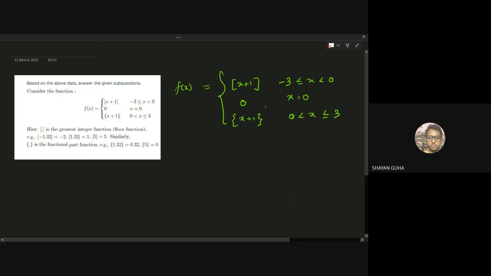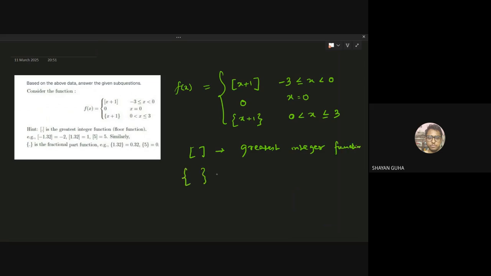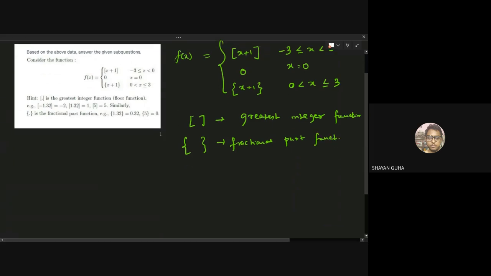This is the function given. Now, what are the box function and the curly braces? Here the box is defined as the greatest integer function, and the curly brace is defined as the fractional part function. The remaining hint has been given in the question. Still, for the sake of completion, I am writing it.